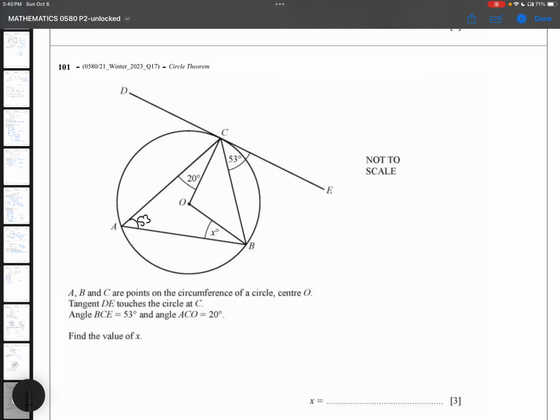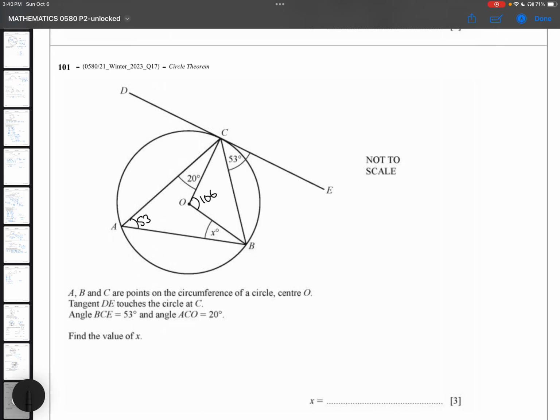Angle subtended by the chord BC at the center will be twice of this angle. So this will be equal to 106 degrees. We know the property that angle subtended at the center of the circle is twice the angle subtended at the circumference of the circle by the same chord.